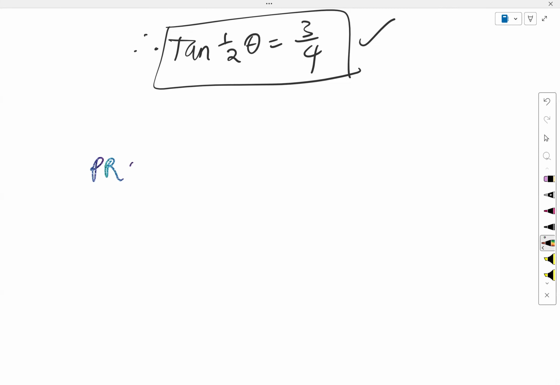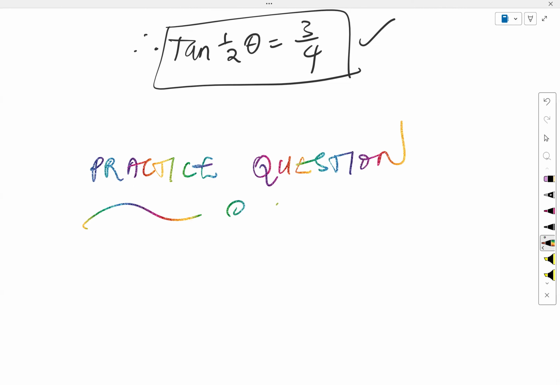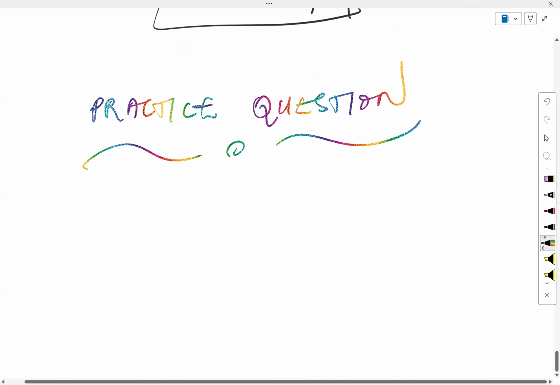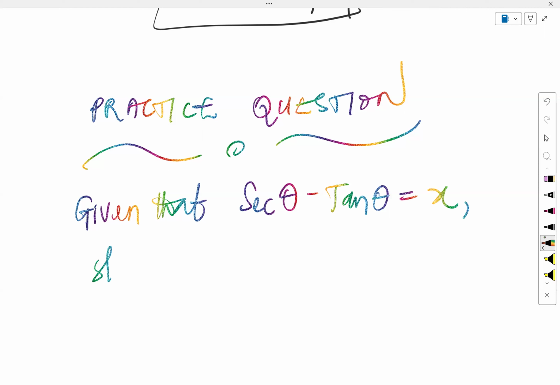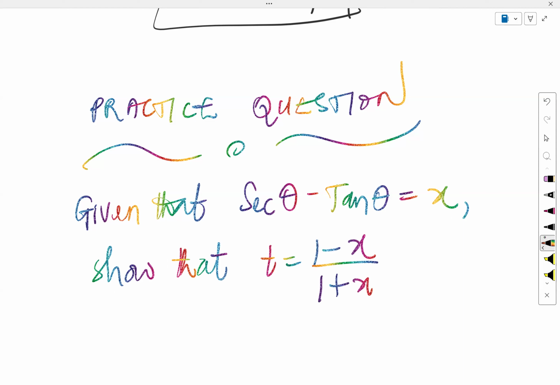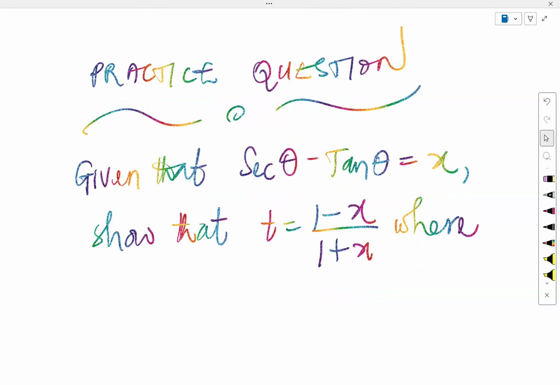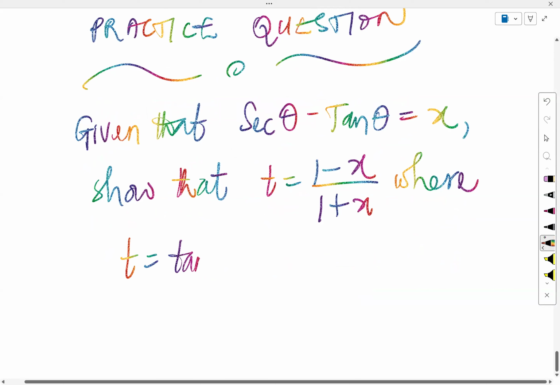Practice question: given that sec theta, of course sec is 1 over cos, the reciprocal, given that sec theta minus tan theta is equal to x, show that t equals 1 minus x over 1 plus x, where t is equal to tan theta over 2.